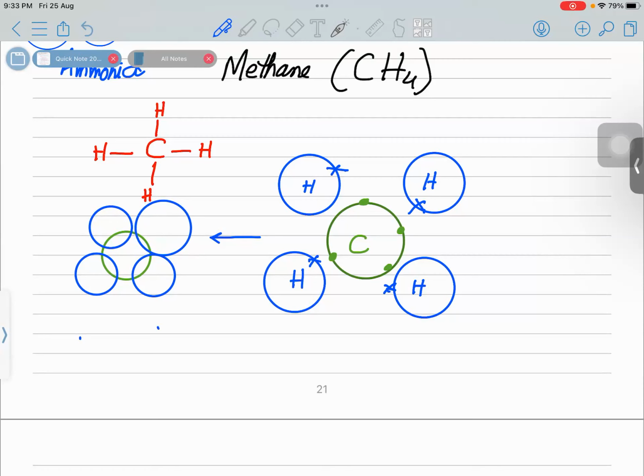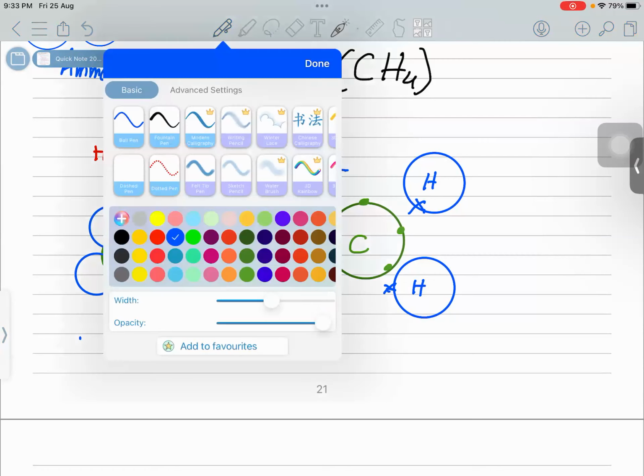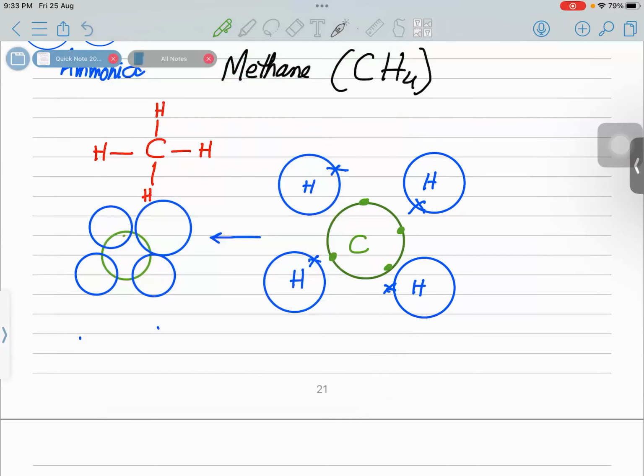This one is the fourth one, right? So where is the green one? Here we have green one, green one, green one. And these are the electrons of hydrogen. This is carbon. These are hydrogen, hydrogen, hydrogen, hydrogen.